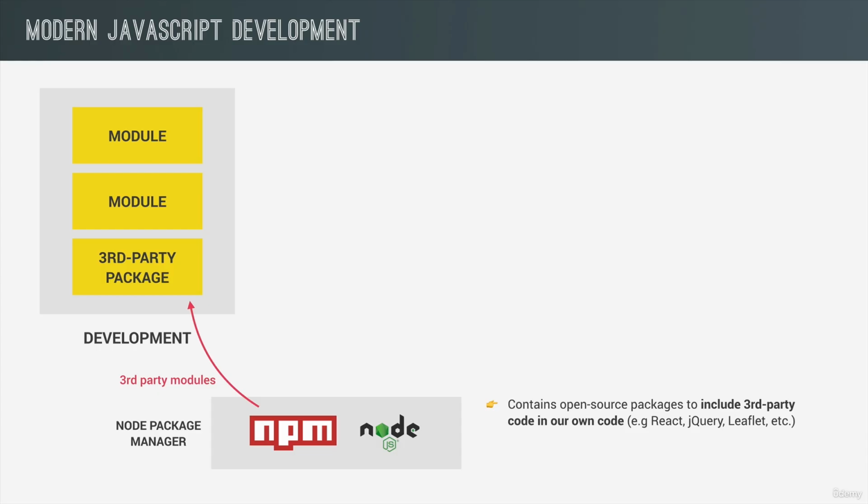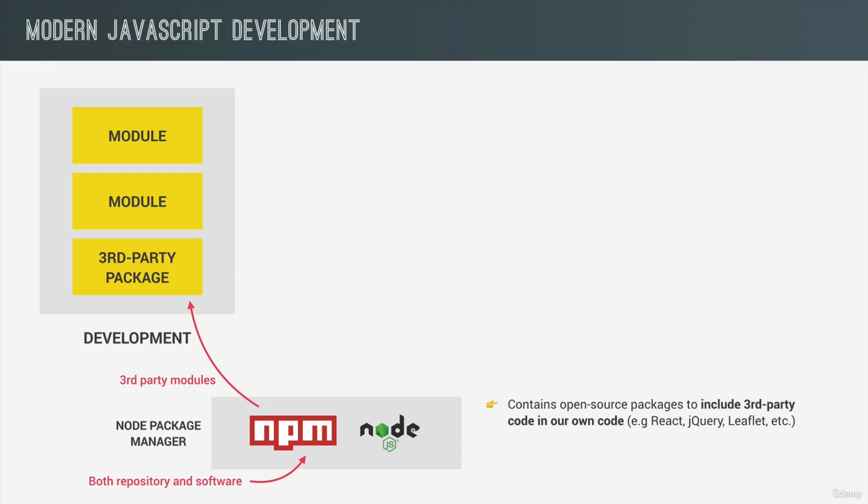Now, in order to actually download and use and share packages, we use the NPM software installed on our computer. And this is just a simple command line interface that allows us to do all that. So basically, NPM is both the repository in which packages live and the program that we use on our computers to install and manage these packages.